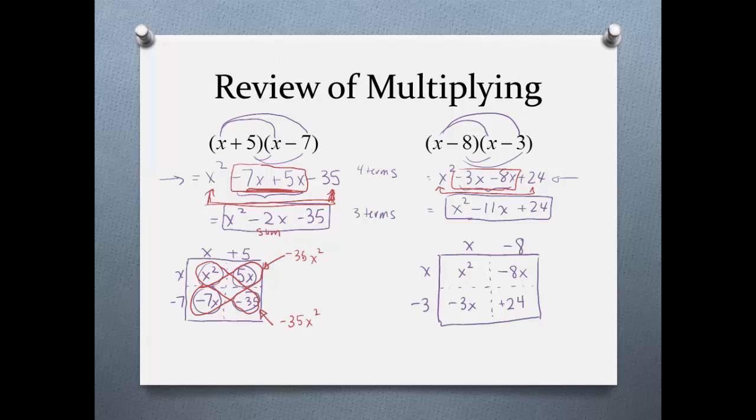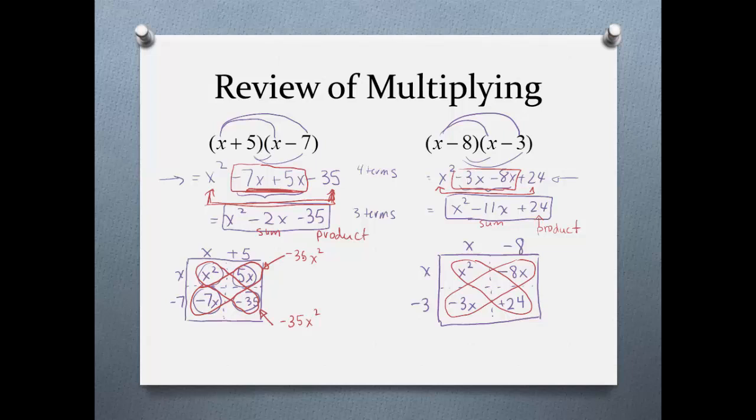And the same thing happens here. If I multiply on this diagonal, I get positive 24x squared. And the coefficient there is positive 24, which is right here, and they have a sum of negative 11. So let me write that down again.